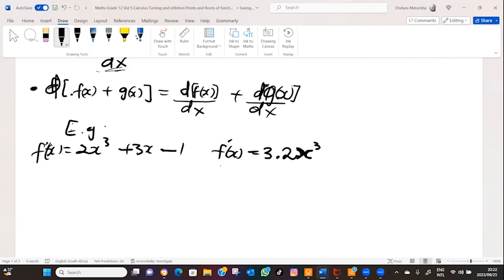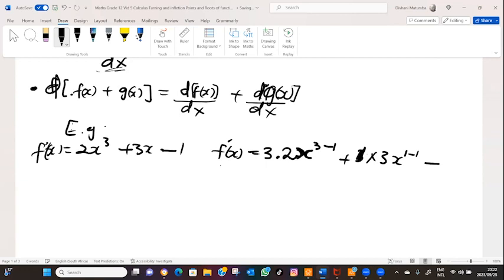That's what it was. But we subtract 1. The exponent here is actually 1. It's actually 1 times 3x to the power of 1 minus 1.